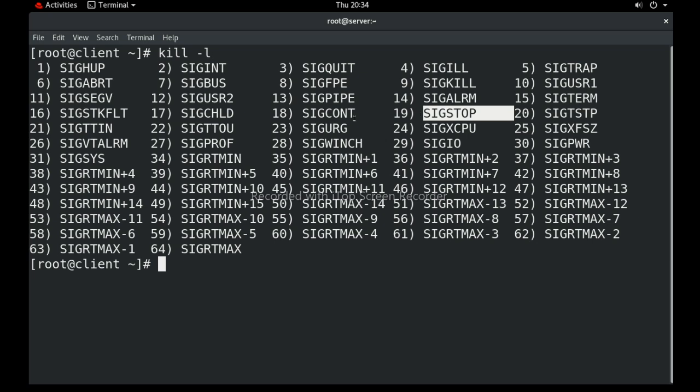To continue the stopped process, we can use the option 18. To terminate a process, we can use the option 15. To interrupt a process, we could use 2.